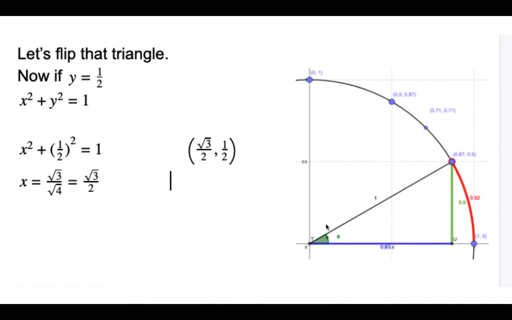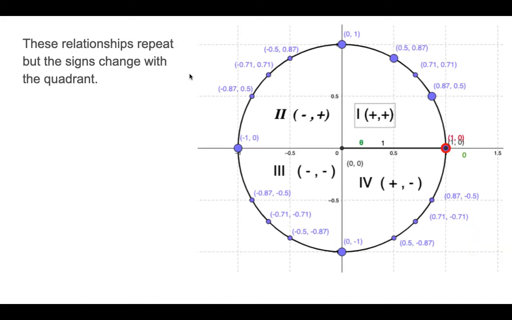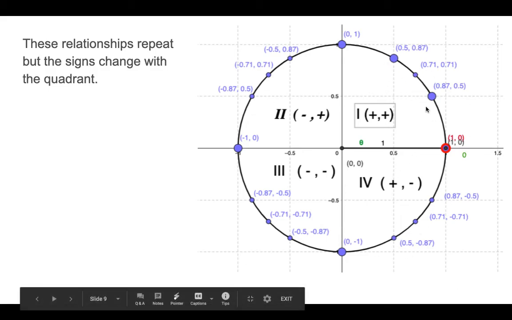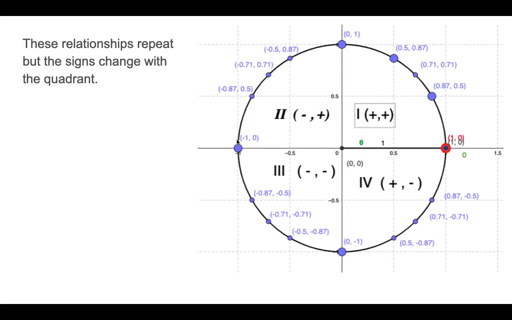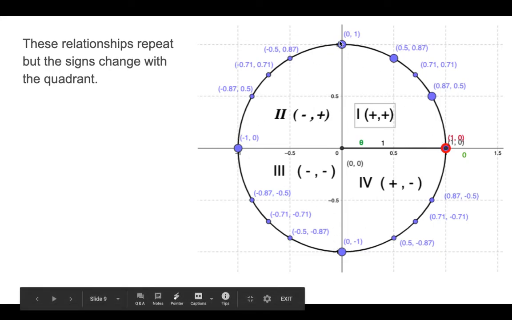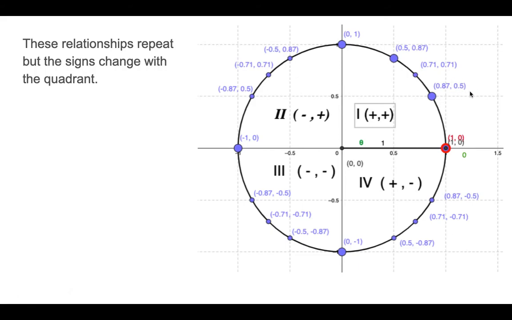Now, these relationships repeat themselves all around the circle. You can see the 1s and 0s at the north, south, east, and west coordinates where it intersects the axes. You can see the 1/2s in the y-coordinate and the 1/2s in the x-coordinate.